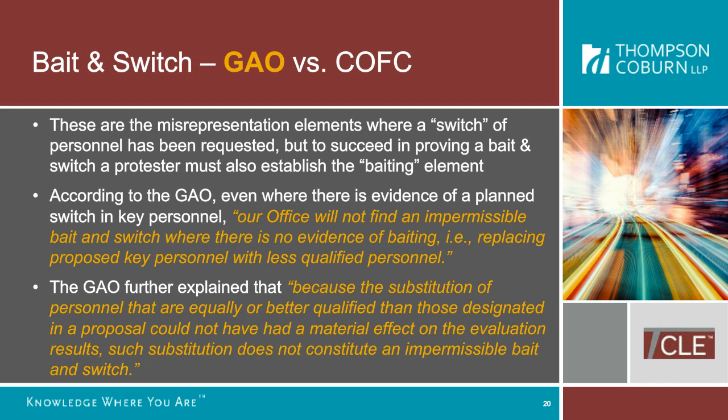That is, replacing proposed key personnel with less qualified personnel. Essentially, this is because the substitution of equally or better qualified personnel couldn't have had a material effect on the evaluation and doesn't result in any prejudice to the government or other parties.